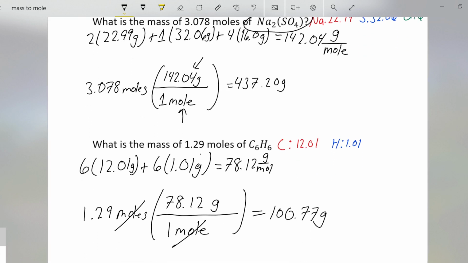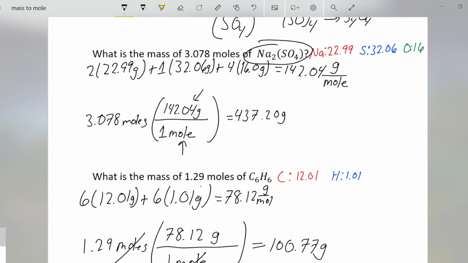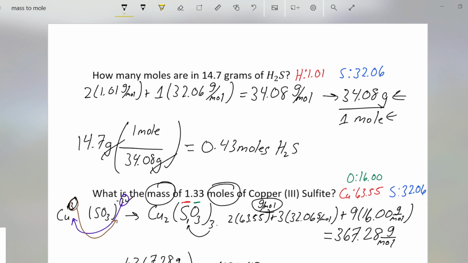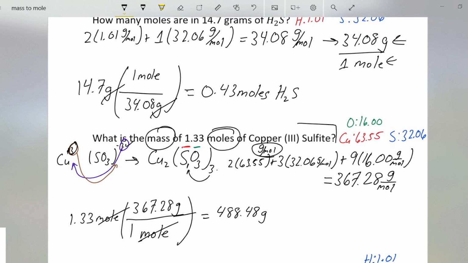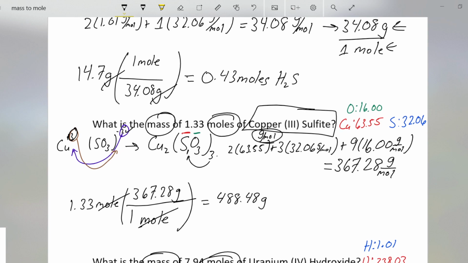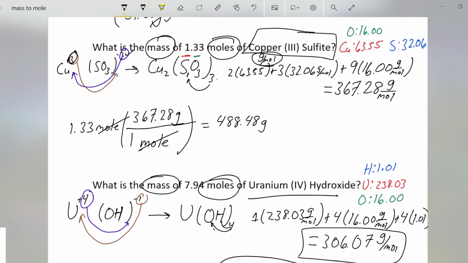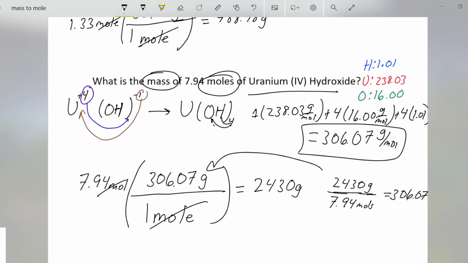And then you can use your molar mass to convert from moles to grams or from grams to moles. If you are given a name, like copper 3 sulfate or sulfite, copper 3 sulfite, then you will have to figure out the formula first. Once you have the formula, then you figure out your molar mass. Once you have your molar mass, then you can convert from moles to grams or from grams to moles.